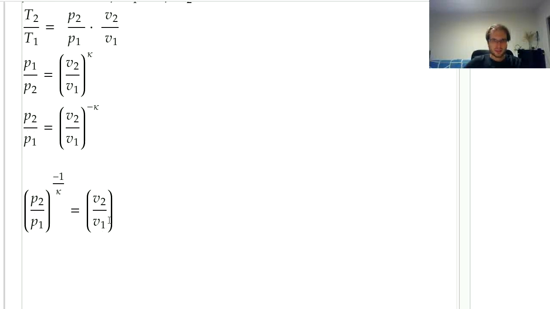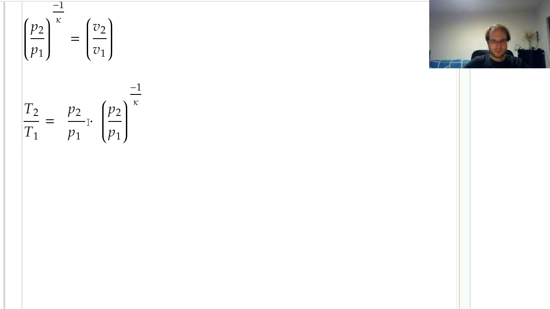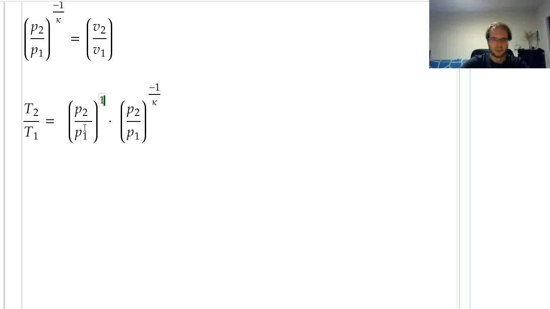Okay, now let's take this expression and insert it in the equation here. So V2 over V1 is this over here, and the P2 over P1 can also be written as P2 over P1 raised to the power of 1, so basically like this.